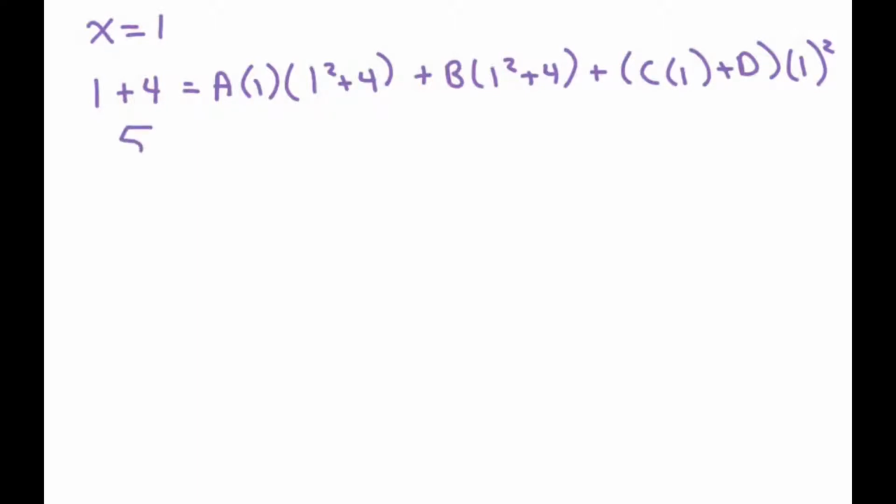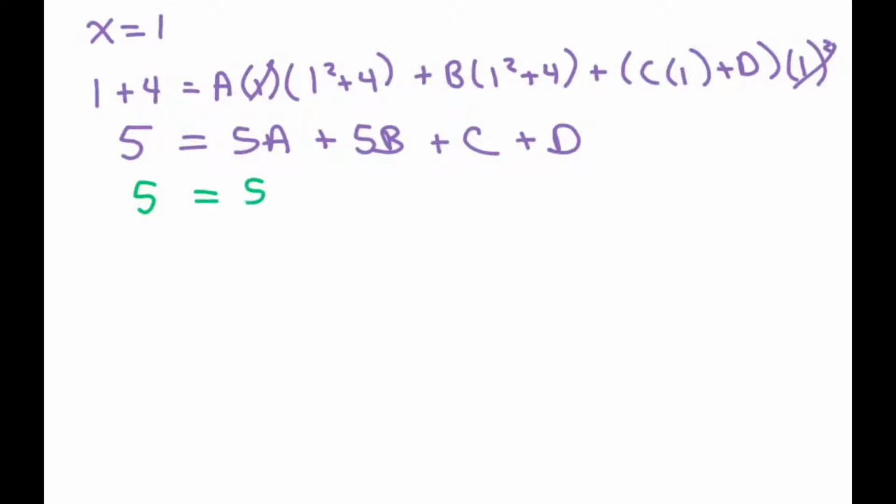So we get 5 equals 5A, and then we also have a 5B here, and this 1 is just 1 squared, so now all we get is plus C plus D. Now, my B was 1, so I'm going to rewrite this again. 5 equals 5A plus 5 times 1.